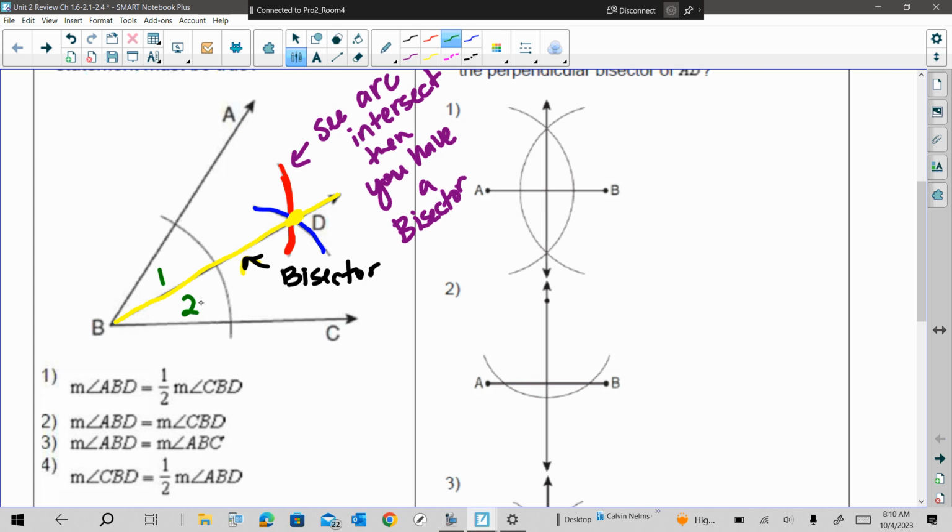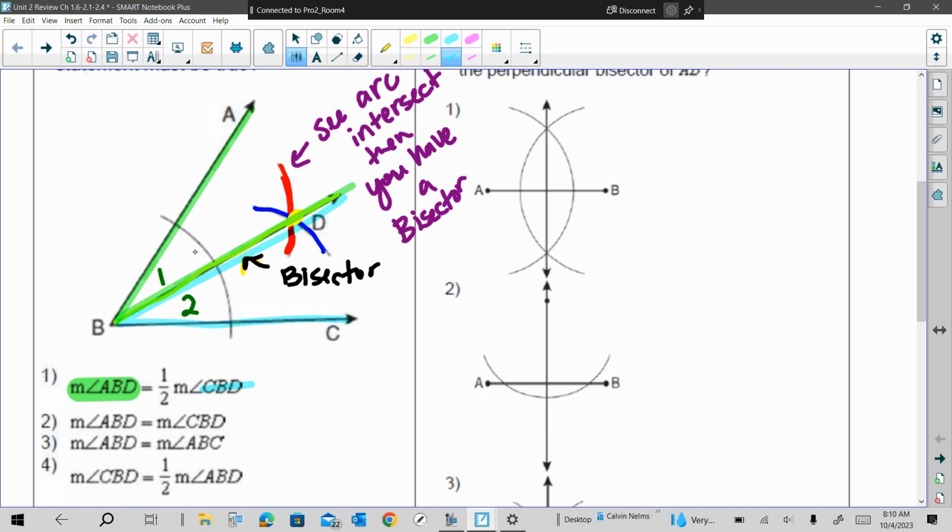So they just want to check which statement is true. If you look at statement 1 here, they're talking about the measure of angle ABD. So if I trace that A to B to D here, that's my angle 1 that I labeled. Is that equal to 1/2 of angle CBD? So if I trace CBD, would angle 1 be half of 2?